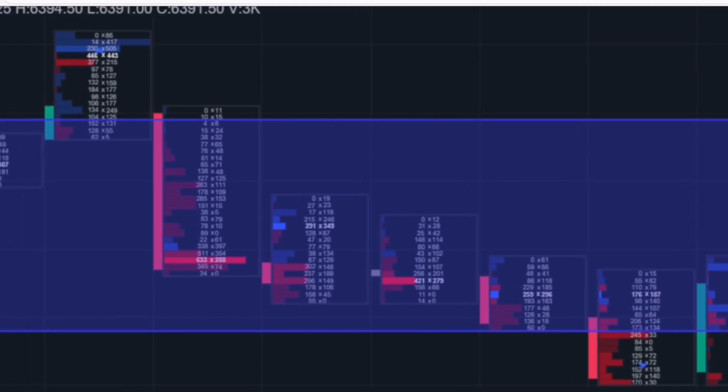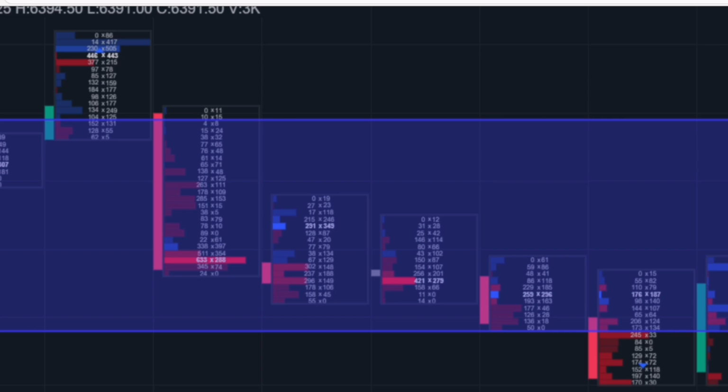I want traders to understand what was going on right at the top over there, 14 for 417, even though the writing's a bit small. I don't want traders to focus on the numbers, I want them to focus specifically on the delta. This video is all about the delta. So what does the delta represent? The delta represents the difference between the right number and the left number.